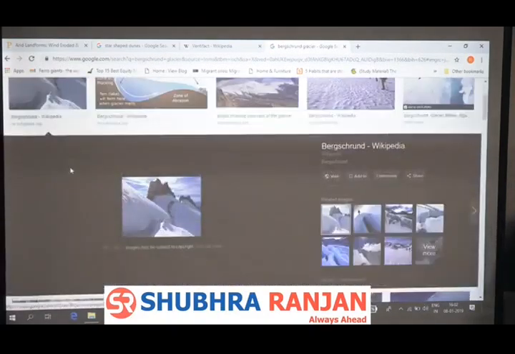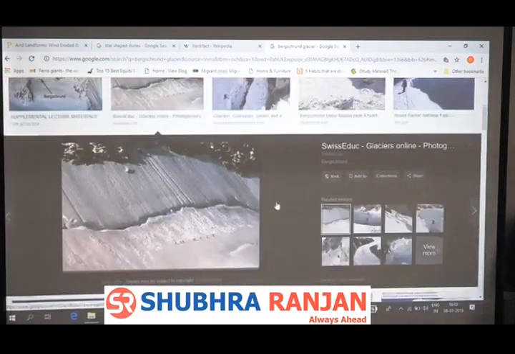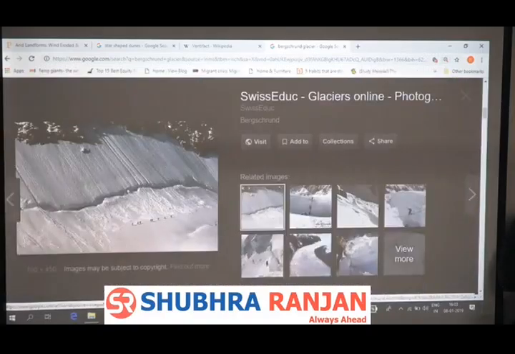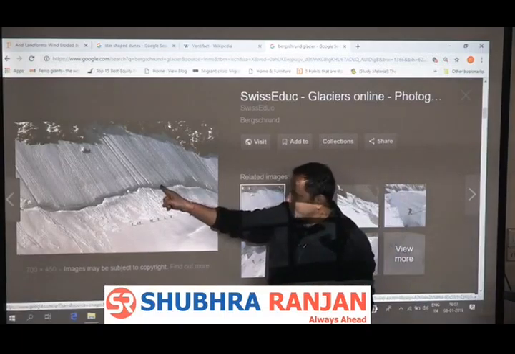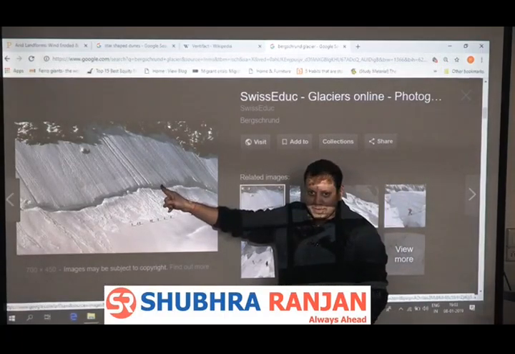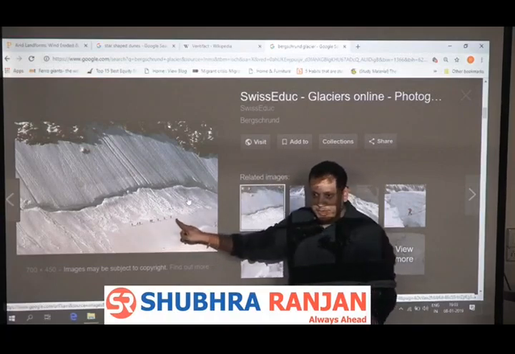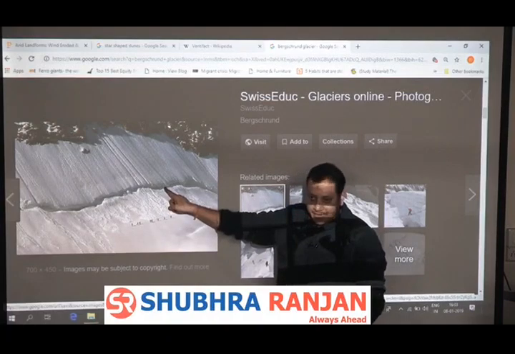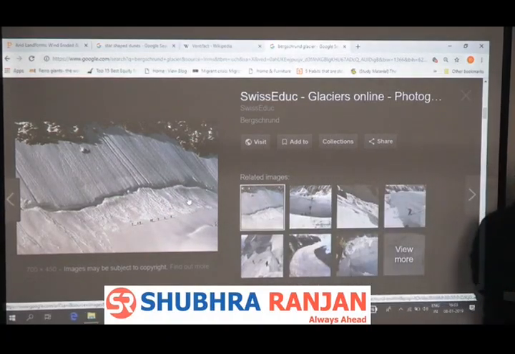So this is an example of a bergschrund. So this is a bergschrund. I will put that in the slide. And these are the humans. Remember, those are looking at the glaciers. These are the humans, and this is the crack which poses the maximum death and destruction.